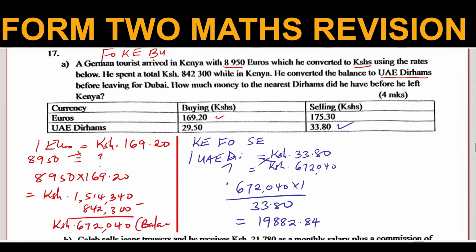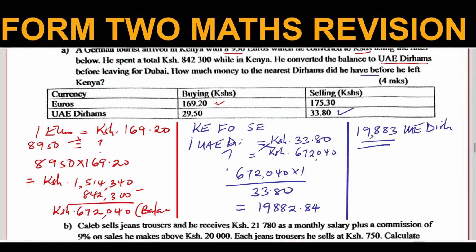Now the question is, you're supposed to give this one to the nearest dirhams. Because we have 0.8, we round this one forward, we get 19,883 UAE dirhams. So that is the solution. Go to the next part.